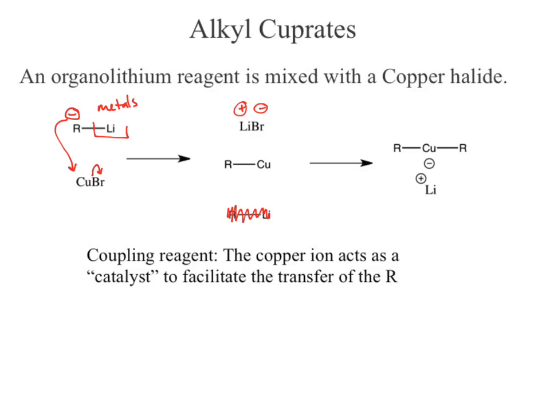In solution, what ends up happening is we react a second equivalent of our organolithium compound. And what ends up happening is our negatively charged carbon will go through and directly link up with our copper and form this fancy looking anion at the far end.